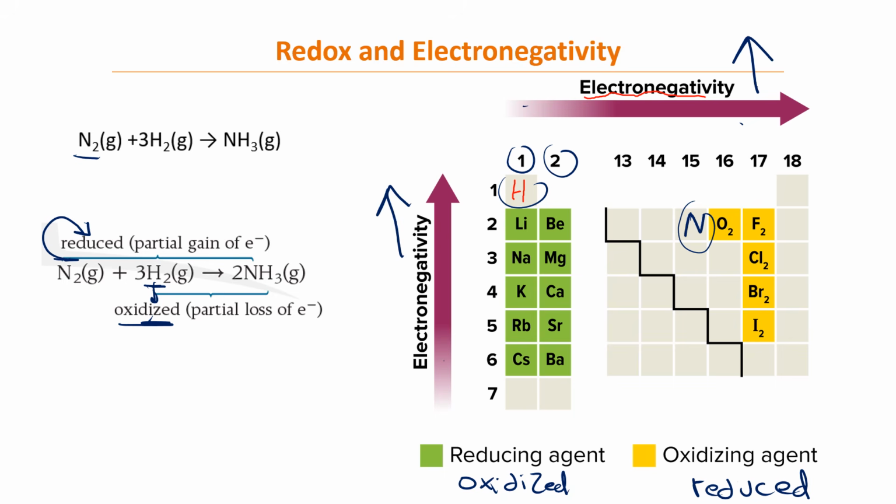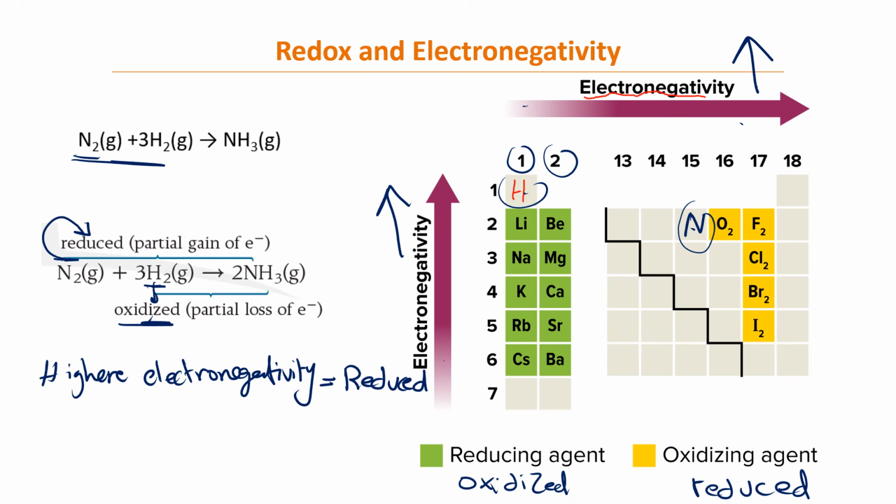And remember the rule: higher electronegativity equals reduced. فمين اللي عنده electronegativity أعلى ال H ولا ال N اللي هم في التفاعل هذا؟ ال N. فال N will be reduced. So this one is reduced. Just remember this. This is the most important thing. If you remember this, then you are all good. Okay?